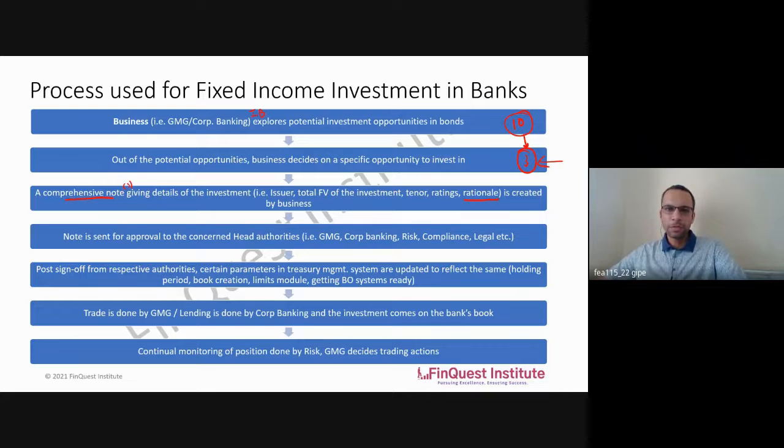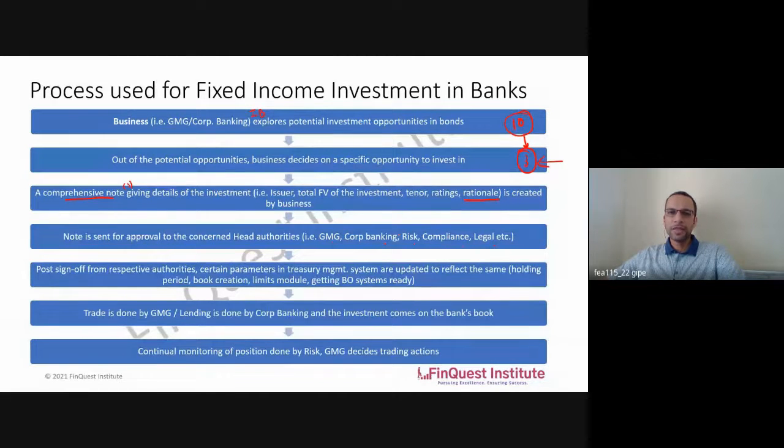So this note is sent to the heads of different departments: GMG, corporate investment banking, risk, compliance, legal, etc. Their inputs are taken because each of these teams will have a certain viewpoint as to how a certain investment might turn out for the bank. So everyone's inputs are taken into consideration.